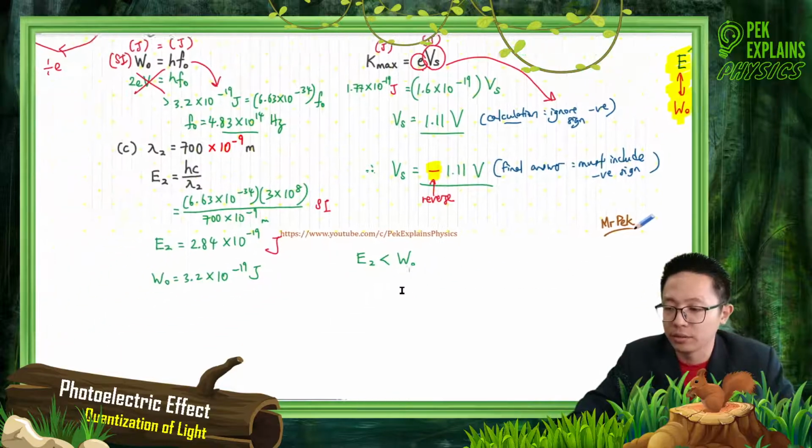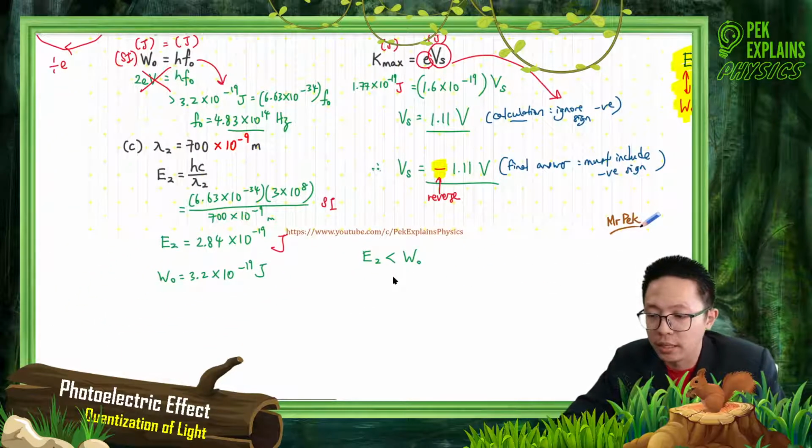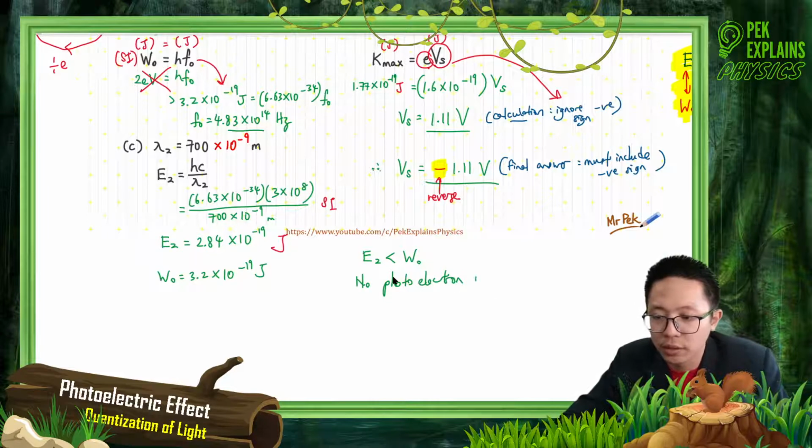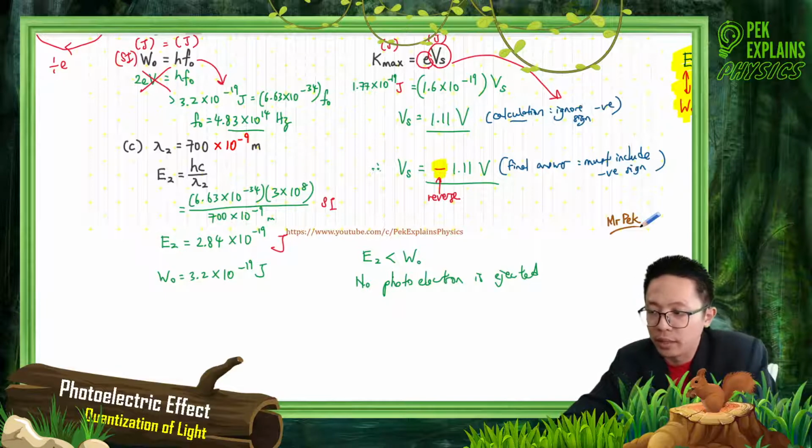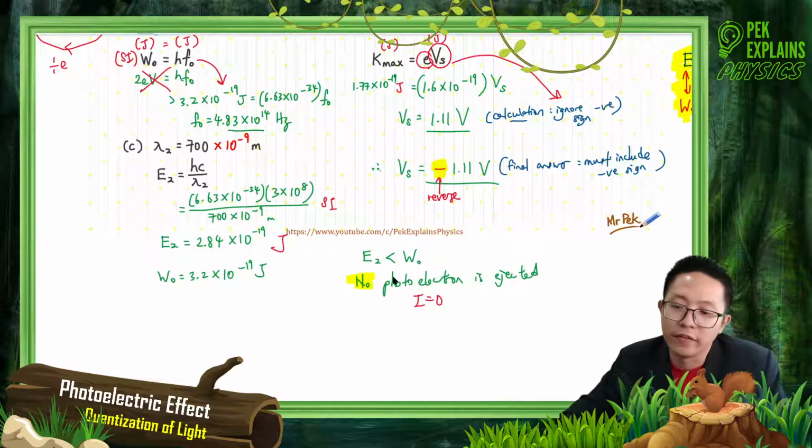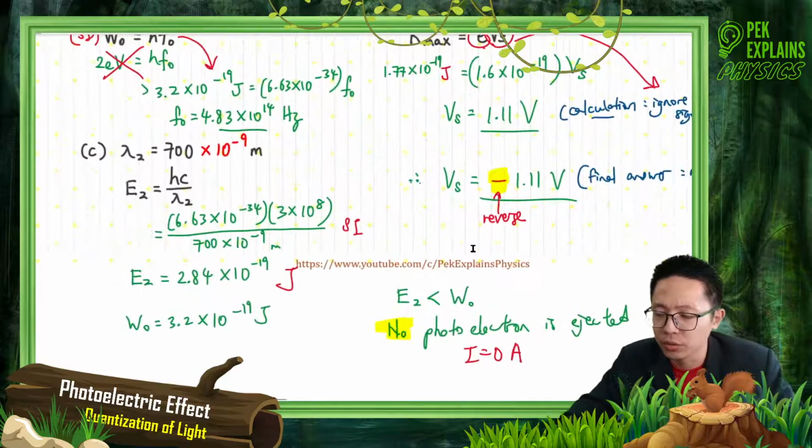So no photoelectron is ejected, and the current is equal to 0. The galvanometer will show no current at all, 0 ampere.